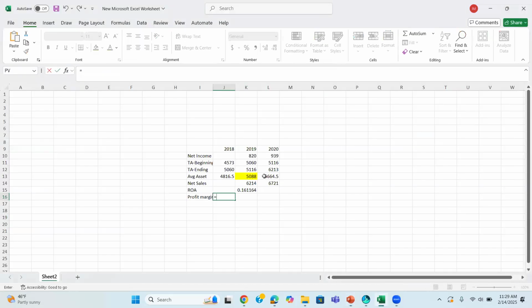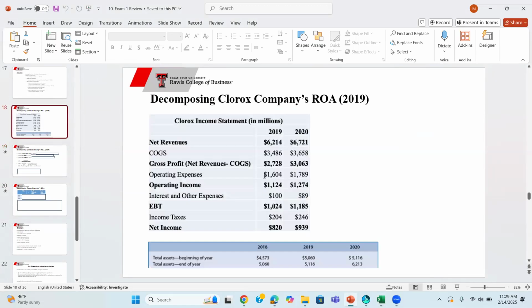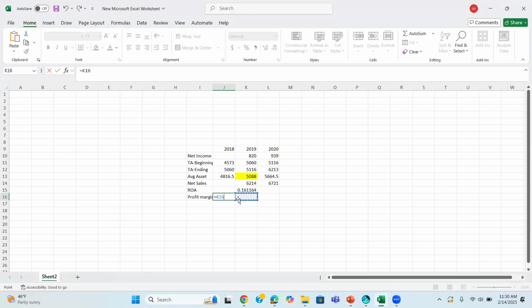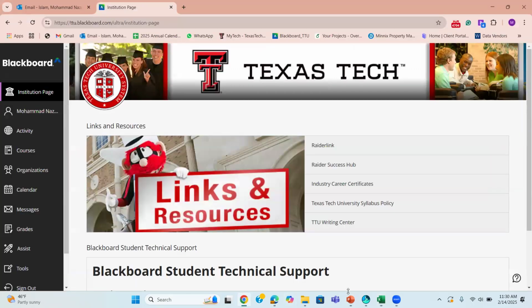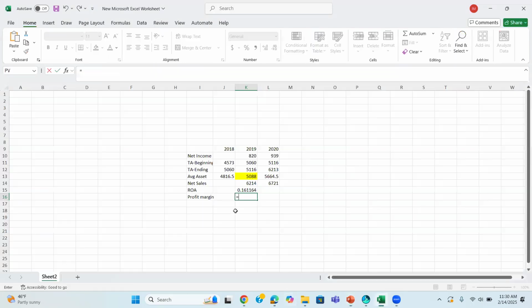Okay, so it should be net income over sales. And we have information on net sales, so on 2019 we have net income over sales, or net income over our net sales.